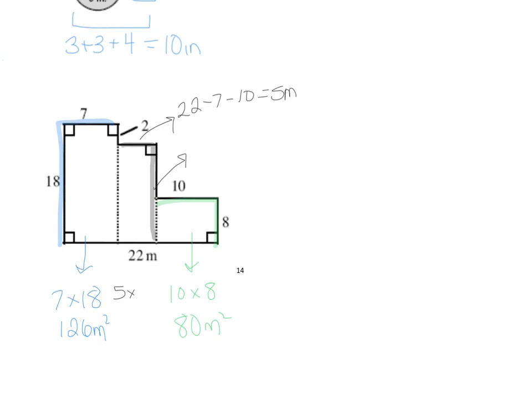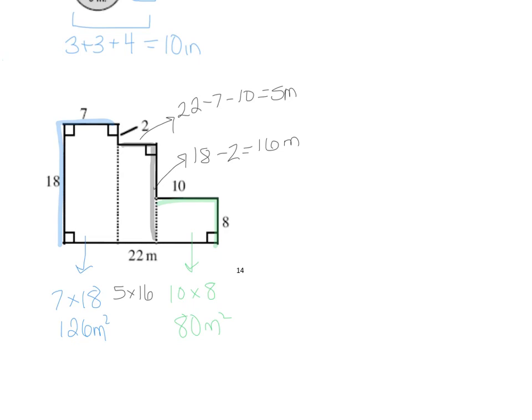For the long side, we know that the entire height is 18 because of the tall rectangle on the left. And we know that there's a little bit of that rectangle that measures 2. That leaves us with 16 meters for the long side of the middle rectangle.